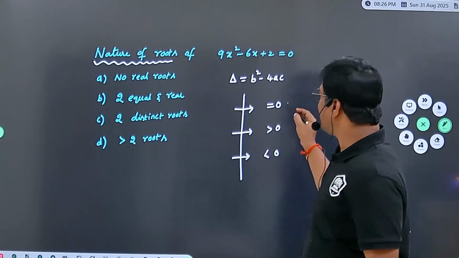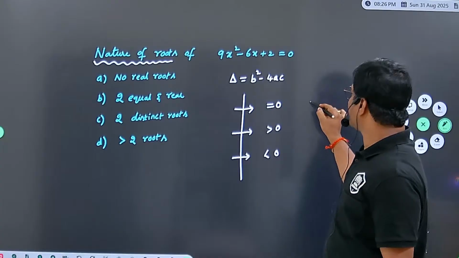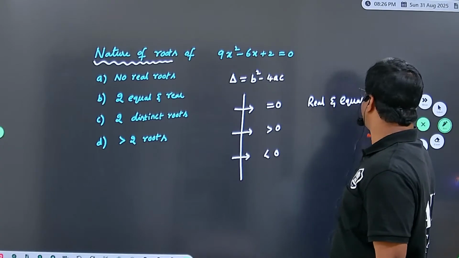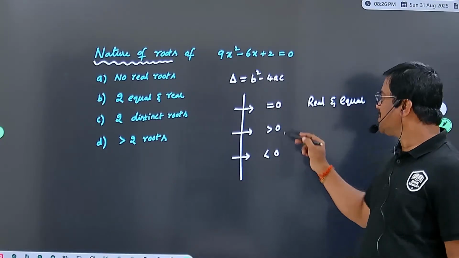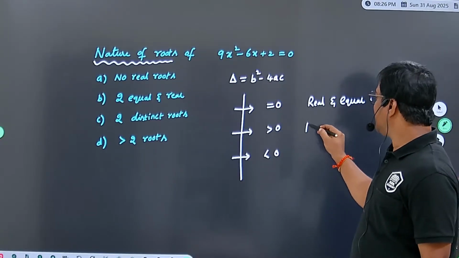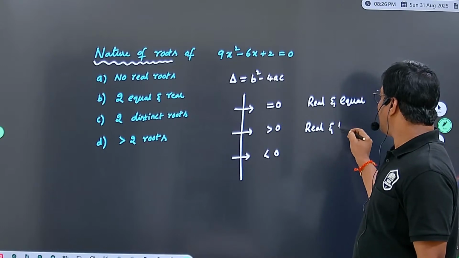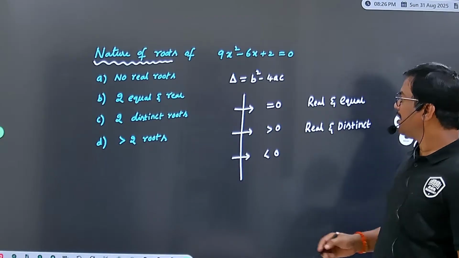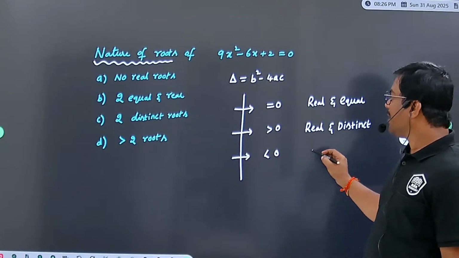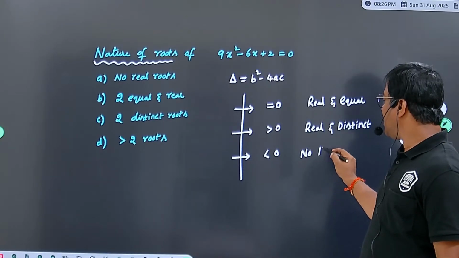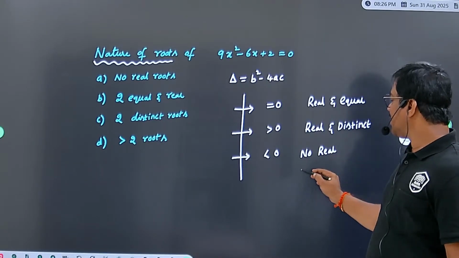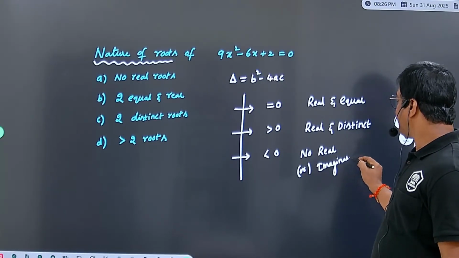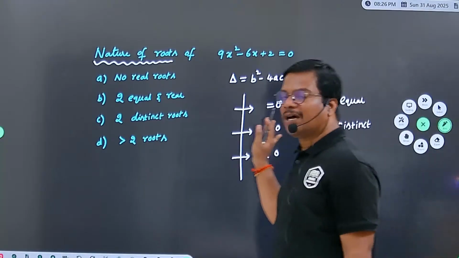When the discriminant equals 0, roots are real and equal. If the discriminant is positive, more than 0, then roots are real and distinct or different. Distinct means different. Suppose delta is less than 0, roots are not real, that is, the roots are imaginary. This is the concept of nature of roots.